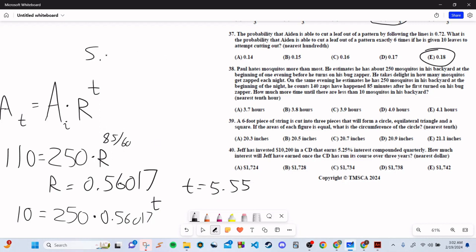So we've got to do 5.55 minus 85 over 60 to get our answer. So that's going to come out to about 4.13 or just 4.1. So that leaves answer choice E as our answer.